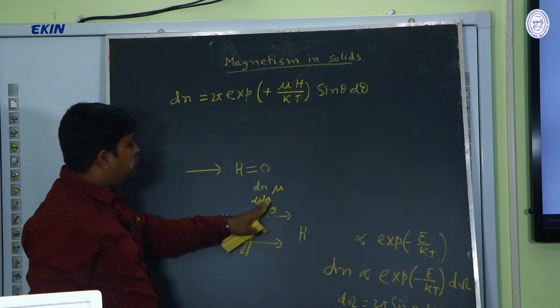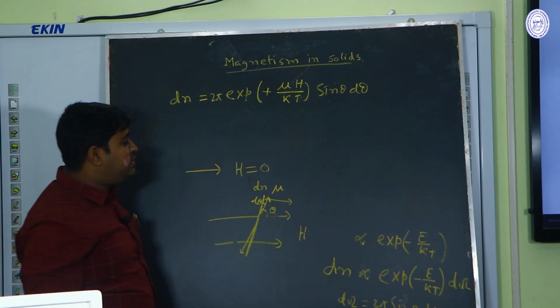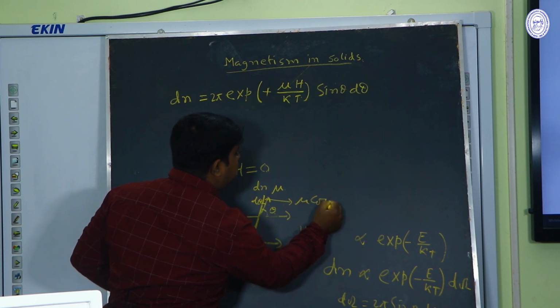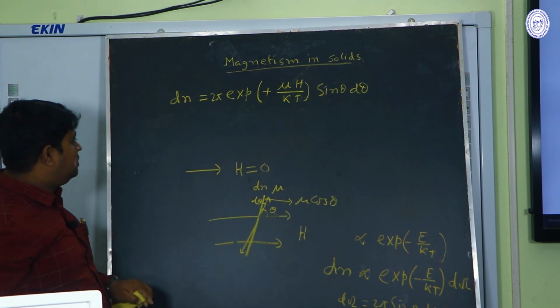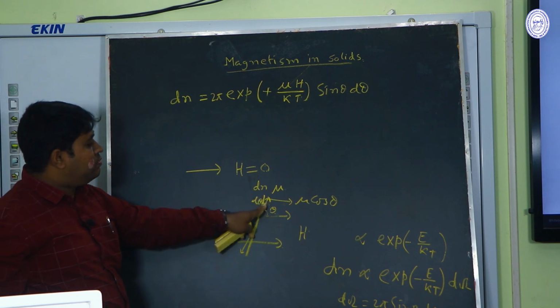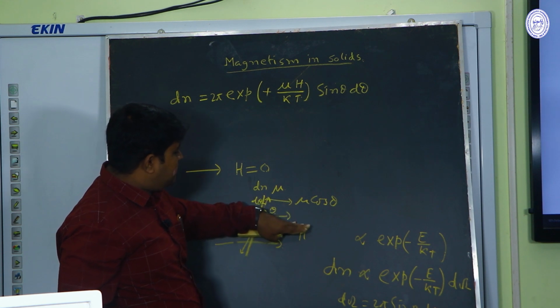So a dipole moment's contribution along the direction of the magnetic field is equal to mu cos theta.